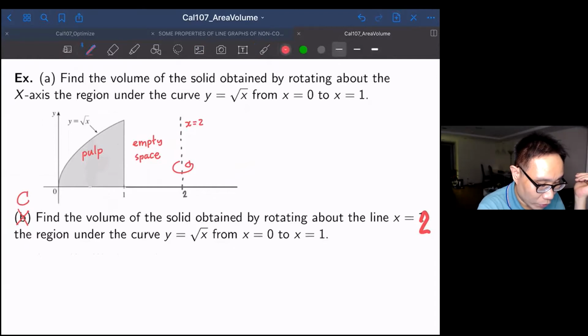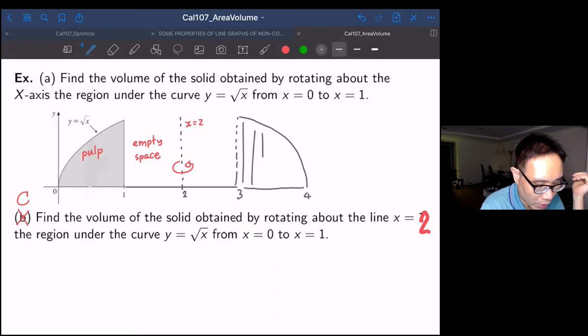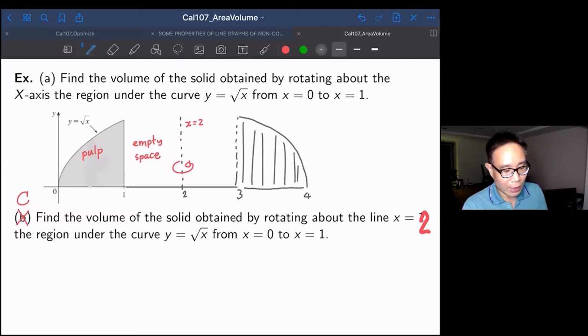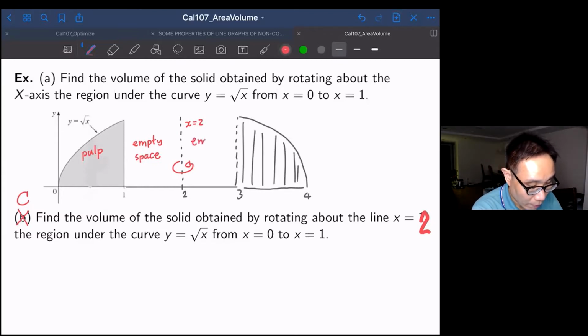So you have 3, x equal to 3, and you're gonna have 4. The picture turned out to be in this way. So you see that you're gonna have empty space on both sides. And in this case, the whole thing becomes a hole here.